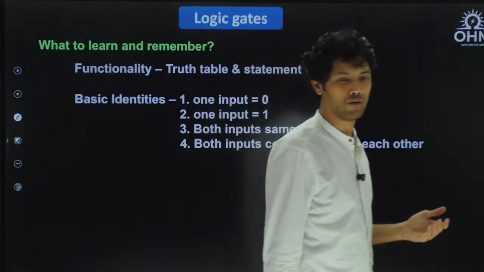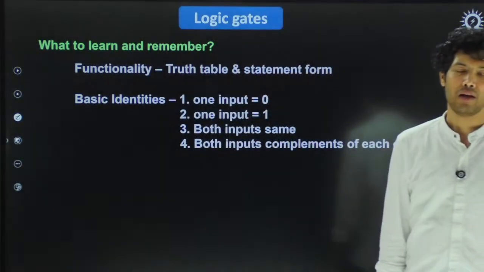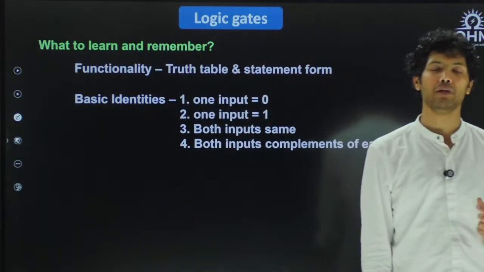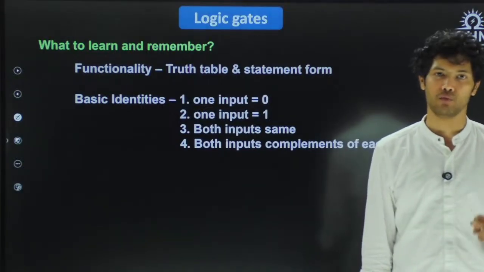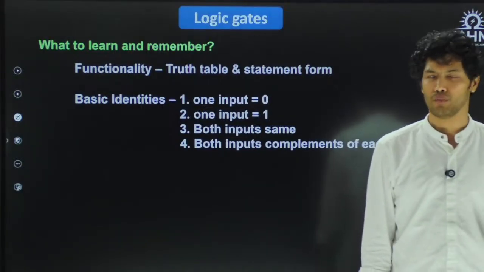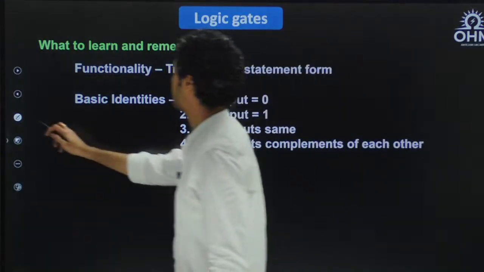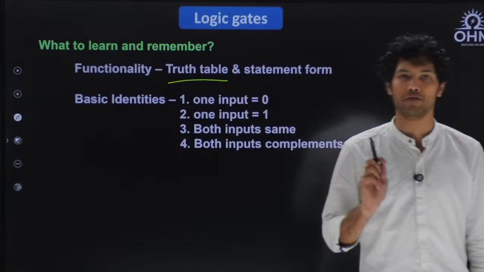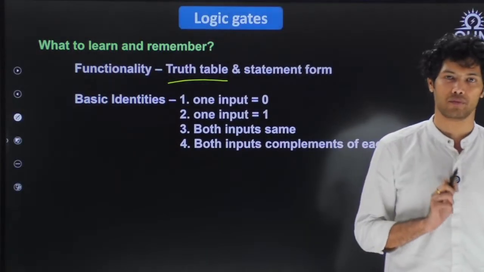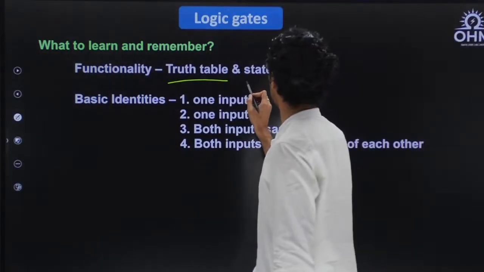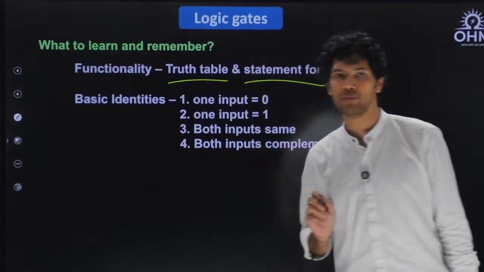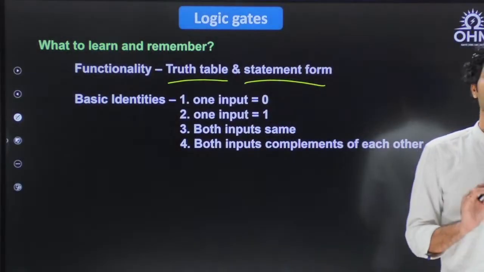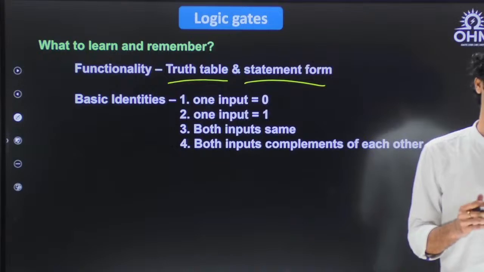For every logic gate, you have to obviously know the functionality. And whenever I say functionality, I mean functionality in terms of two methods. One is by means of truth table. Most people will only study the truth table and ignore the other part. You also have to know the functionality in the form of a statement. If you know that, analysis becomes much simpler and easier.